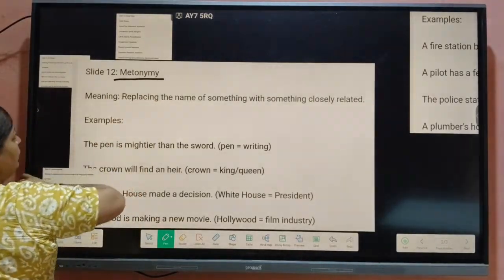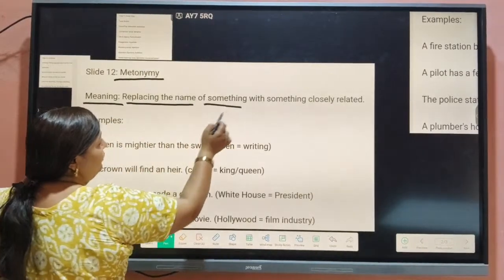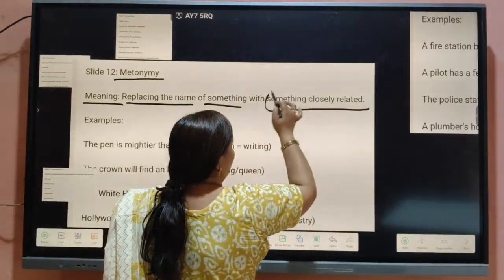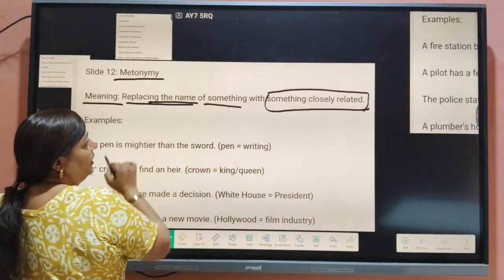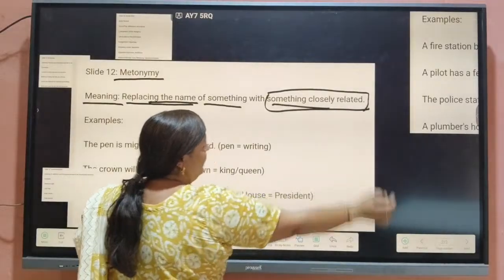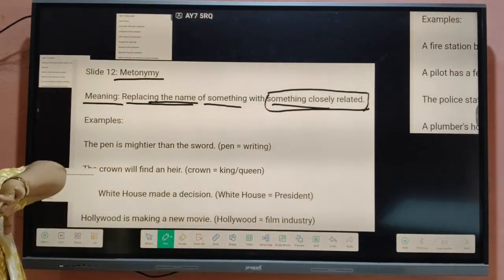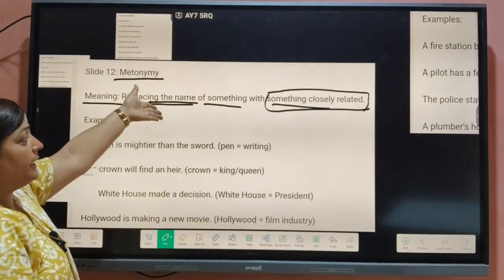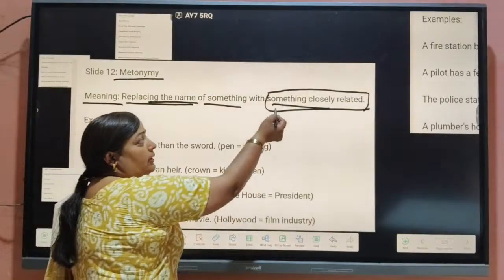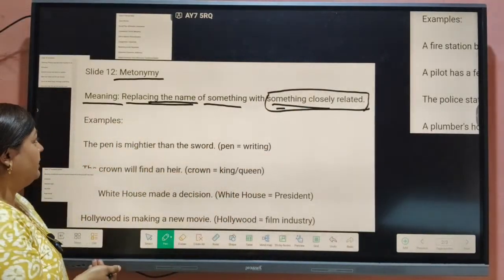We will learn about metonymy, meaning replacing the name of something with something closely related. This is the main thing. We replace the name of that thing with something which is closely related to it. In metonymy, we replace the name of that thing with which thing? The thing which is closely related to it.